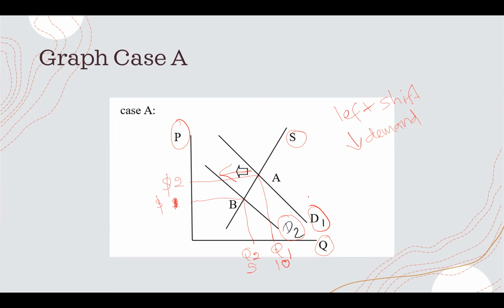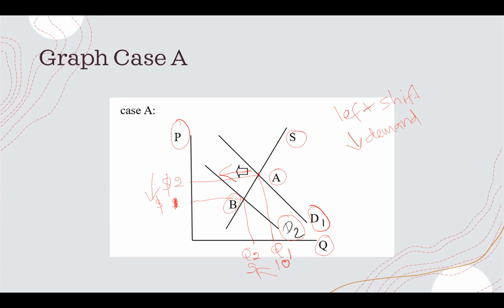So when the demand curve shifts to the left, or demand is decreasing, both quantity and price decrease.